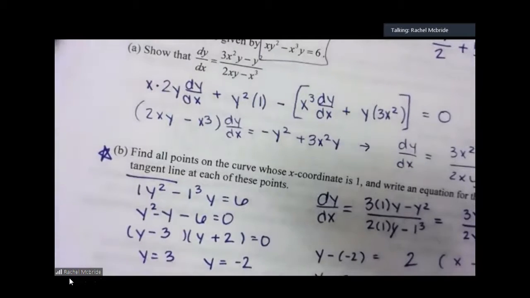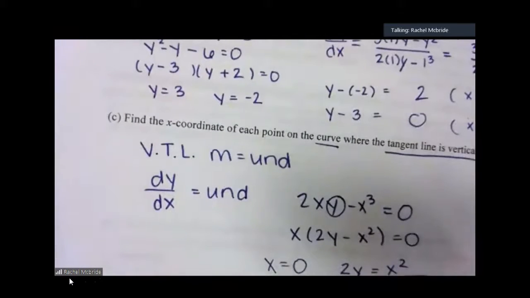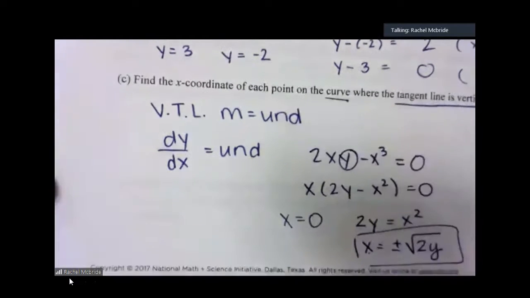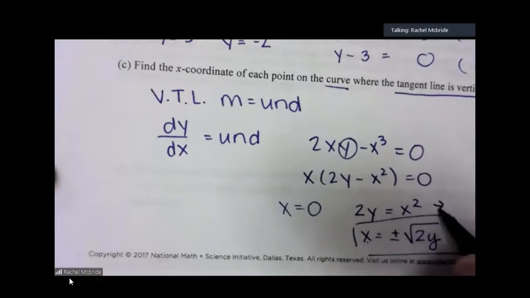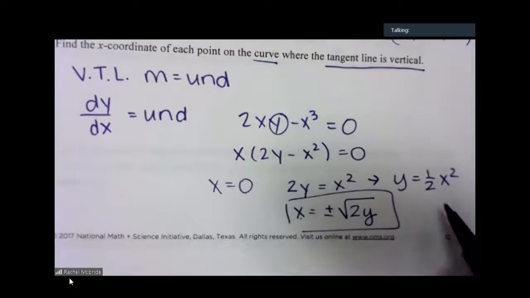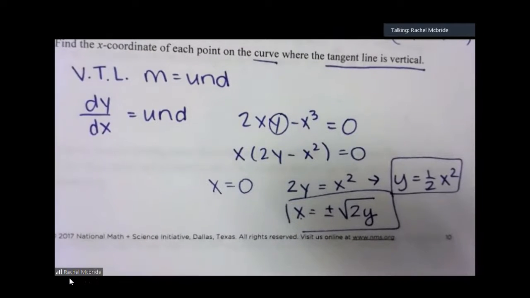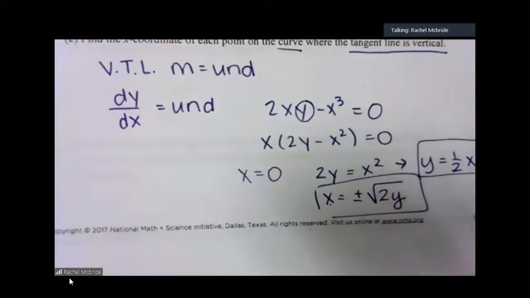Now, since I want to know the x values, instead of solving for x here, when I plug it back in, I want to solve for y so that my answer is in terms of x. So when I do my plugging in, I'm actually going to plug in for y's, so my answer is in terms of x.